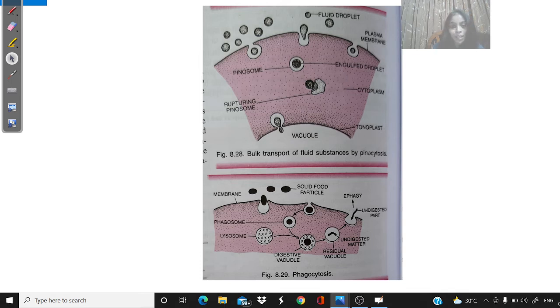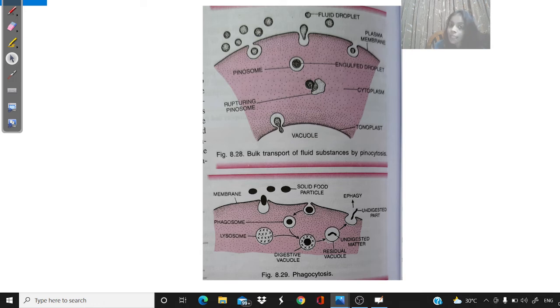Simple answer would be phagocytosis. If it is taking something solid, it will be phagocytosis. If it is taking something in a solution form, liquid, that will be pinocytosis. So here I have shown the two processes.